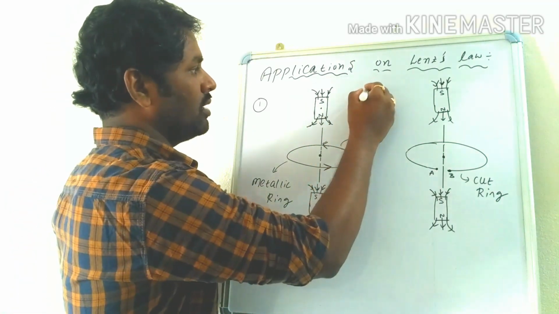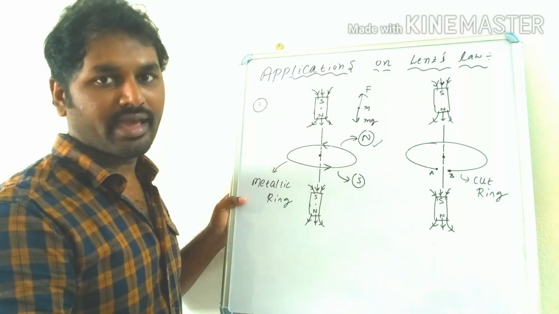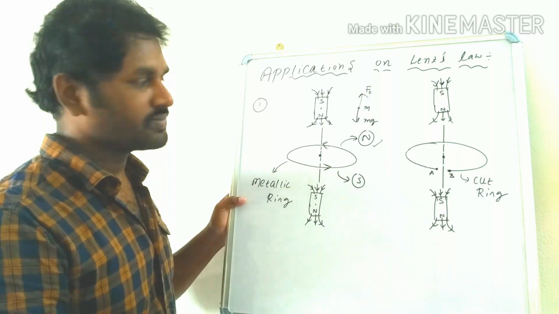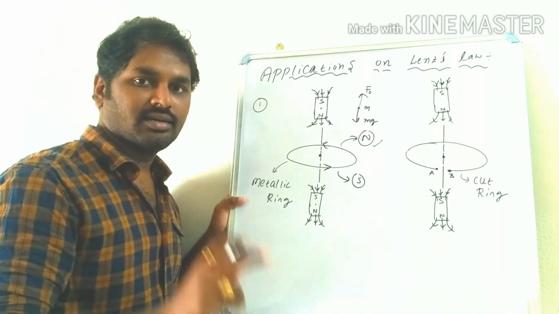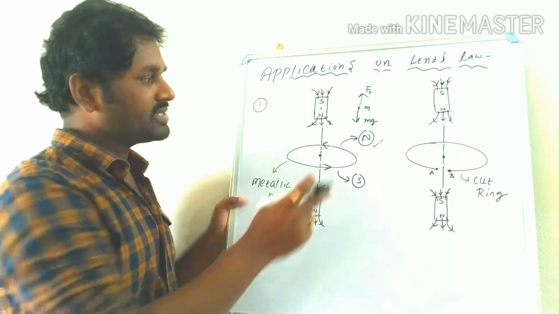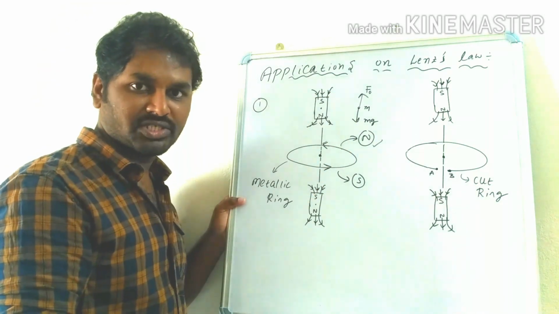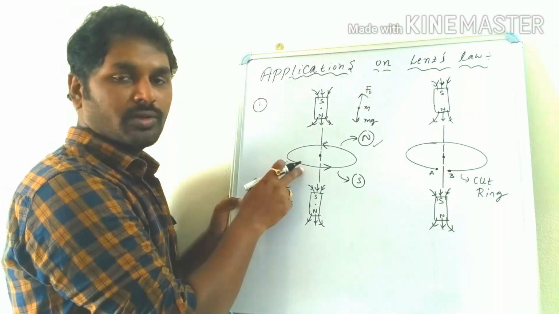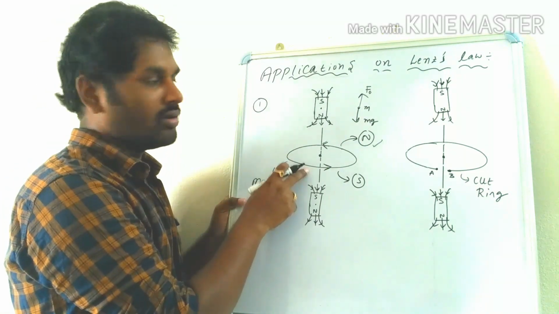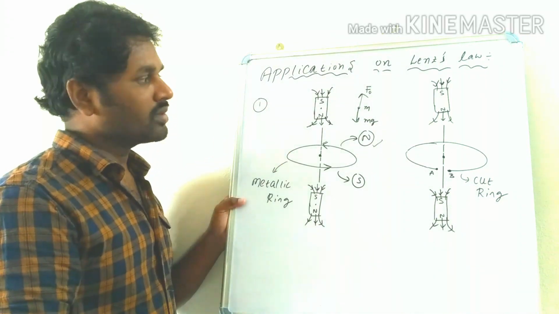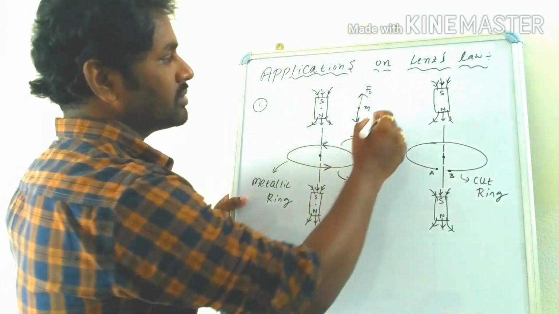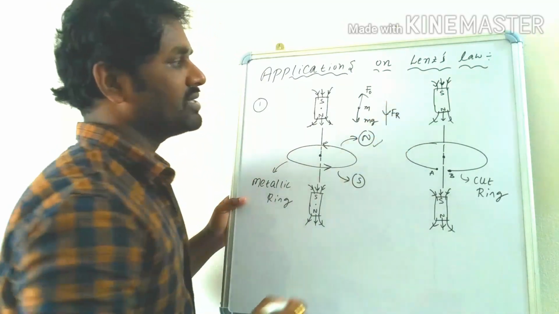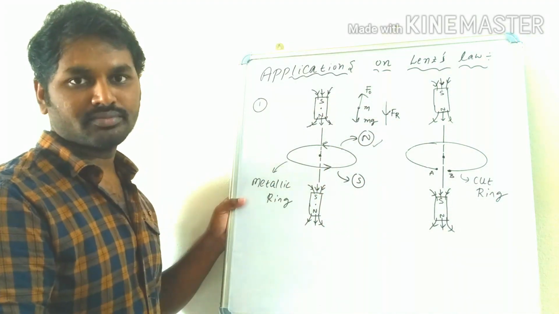We can write this opposition force as F or F naught. So on this magnet there will be two forces. One is the gravitational force in the downward direction, and second is the opposition force due to this current carrying coil on the bar magnet. With these two forces, the net force acting will be in the downward direction, or we can say a resultant force, F.